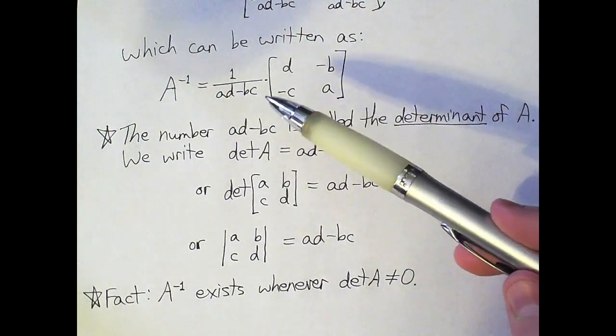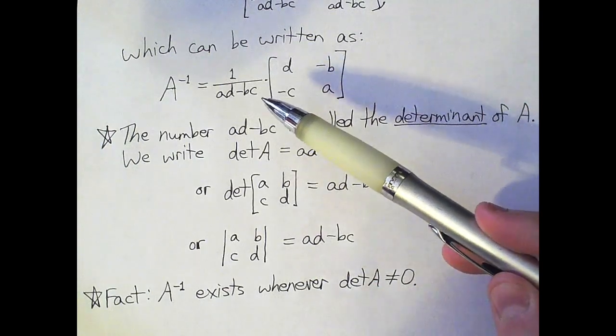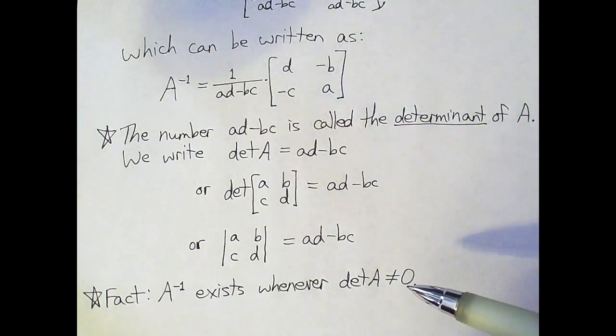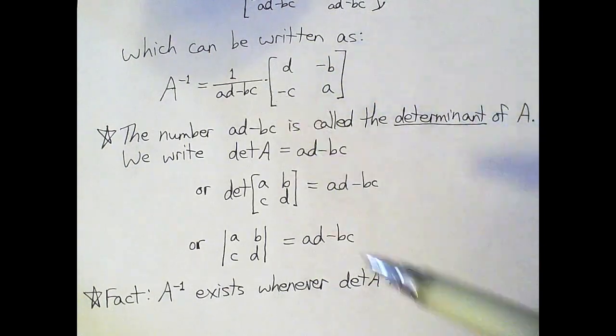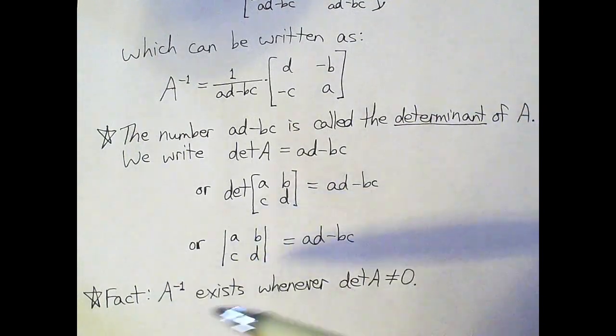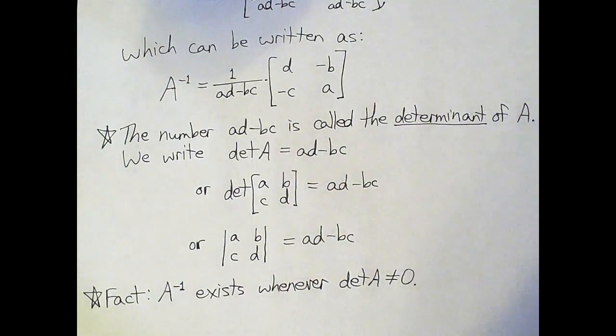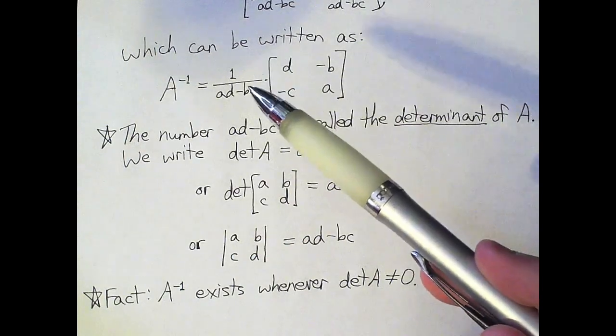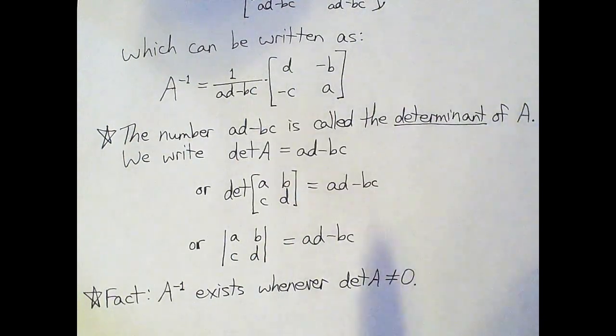Well, the determinant is a denominator, right? Denominators should not be 0. So that's kind of the criteria for whether or not A inverse exists. Are we dividing by 0? If we would be dividing by 0, then we just say A inverse does not exist, or we would say A is not invertible.